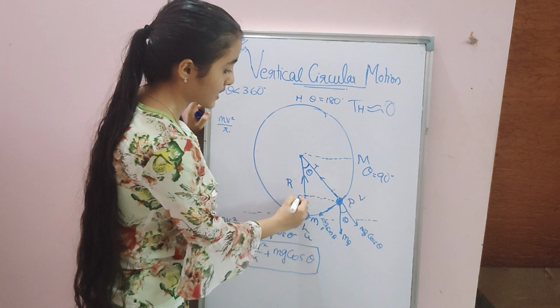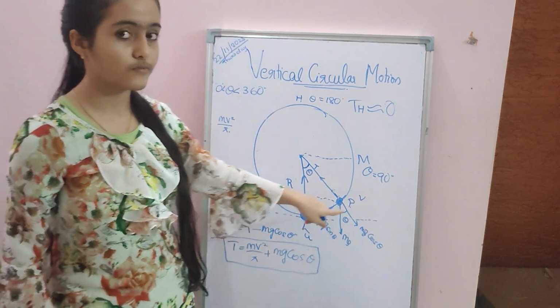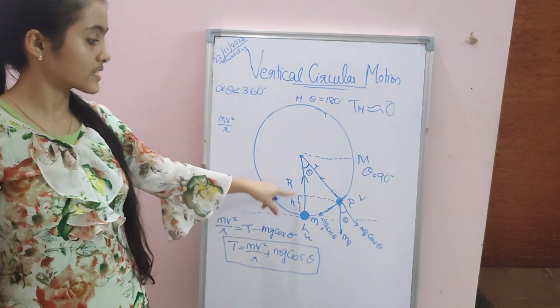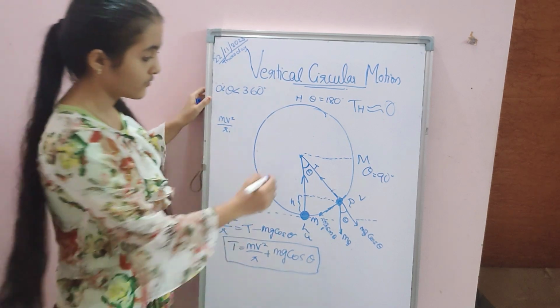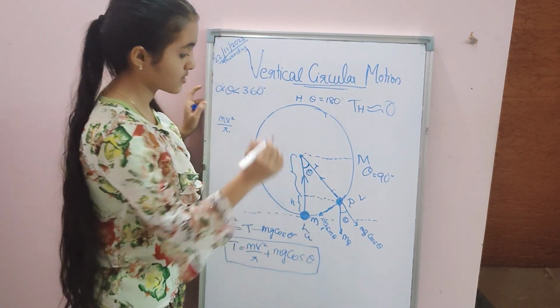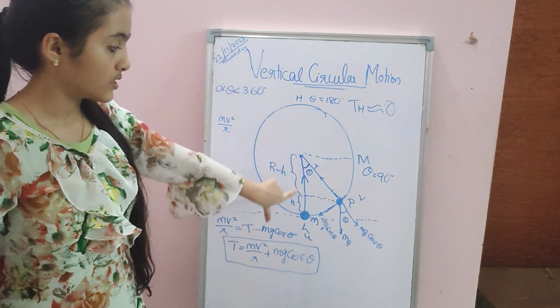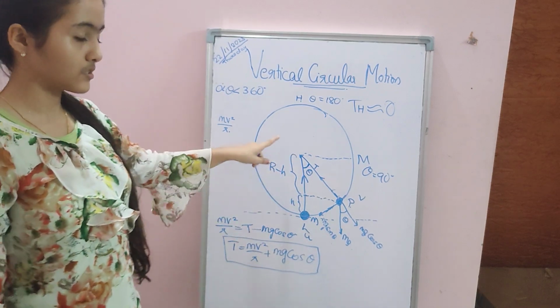That is, it has traveled a distance h from the horizontal. Therefore, we can say this as r minus h. This was the radius, that is the length of the string.